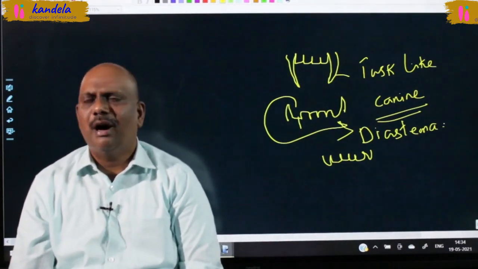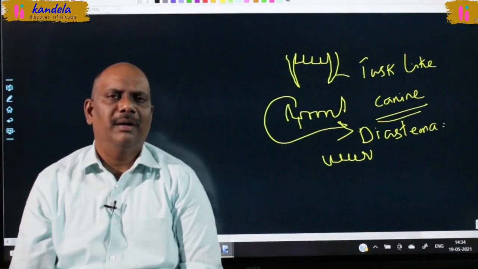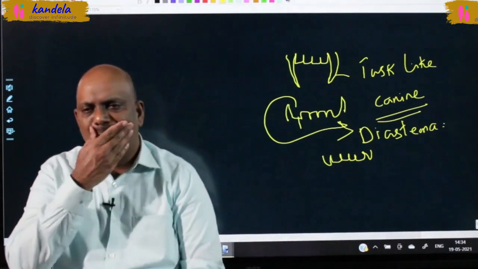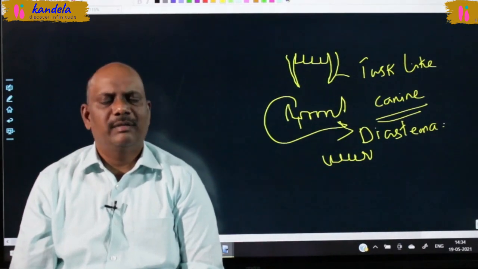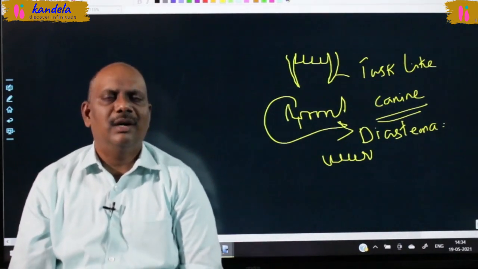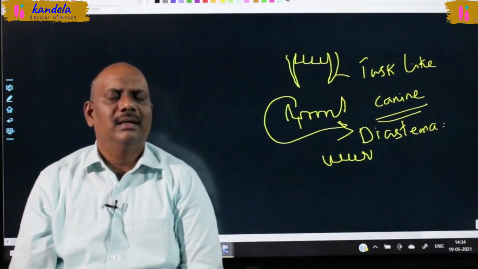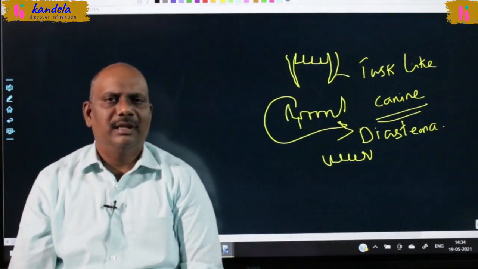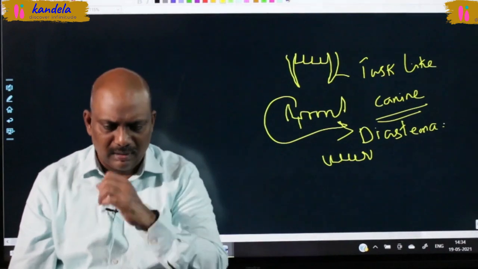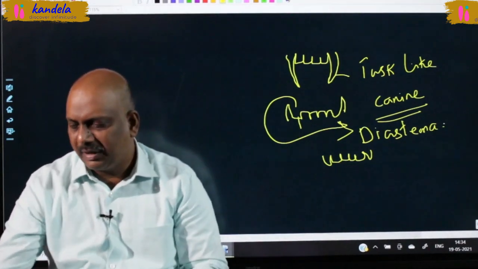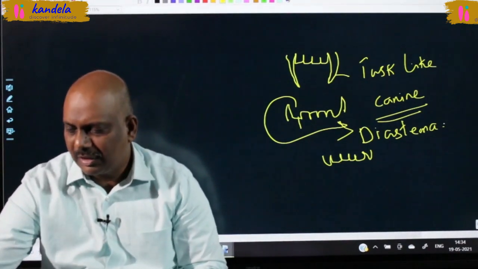There are a number of discoveries which keep happening about these fossils, but there is no need to update anything. Our examiners will not ask anything related to this recent discovery in Australopithecus. Okay. So the diastema is also absent here for our Australopithecus.